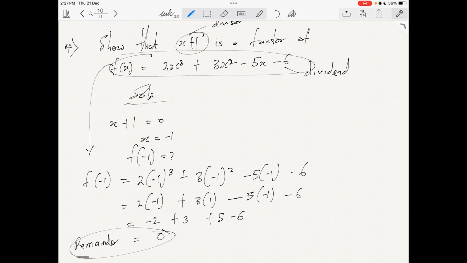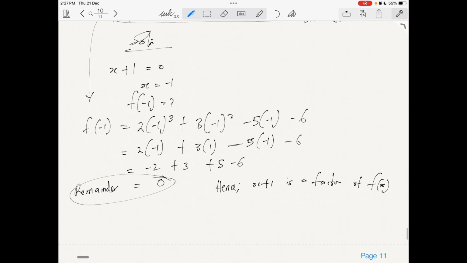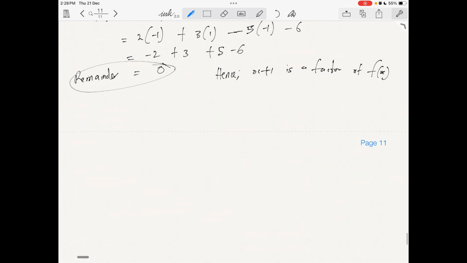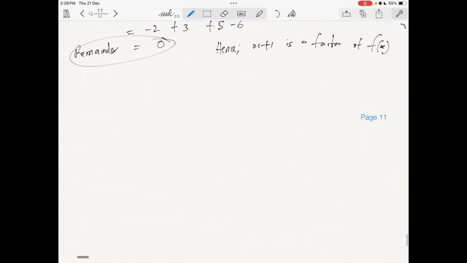Therefore, hence, x plus 1 is a factor of f of x. We can also use the long division method to arrive at this, but we'll just try one more example.